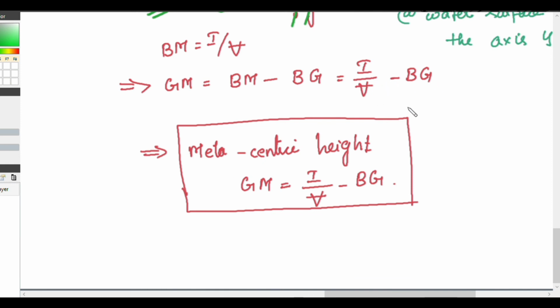This is what is required for us. The metacentric height GM is equal to I by V minus BG, where I is the moment of inertia and V is the volume of water displaced. So this is very, very important.